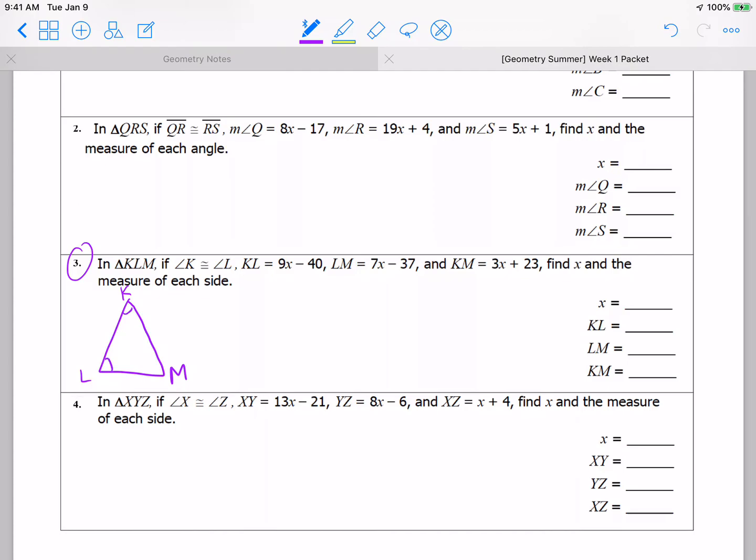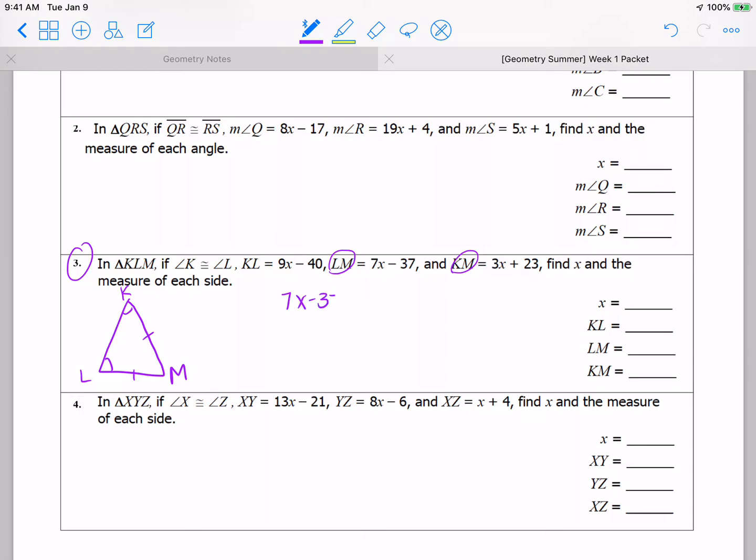These two are the same. That means where do I put my tally marks? We put them on the sides touching K and L, one touching K and the other touching L, and you can see the isosceles triangle right there. So I'm going to circle KM and LM, LM and KM. I circled them because I know they're equal to each other.